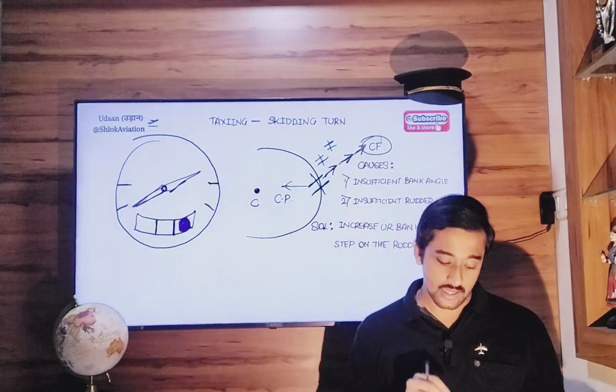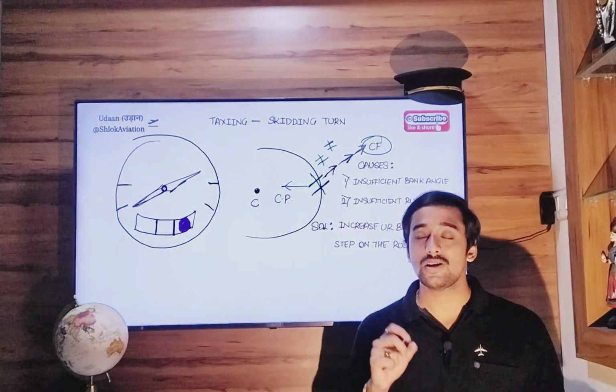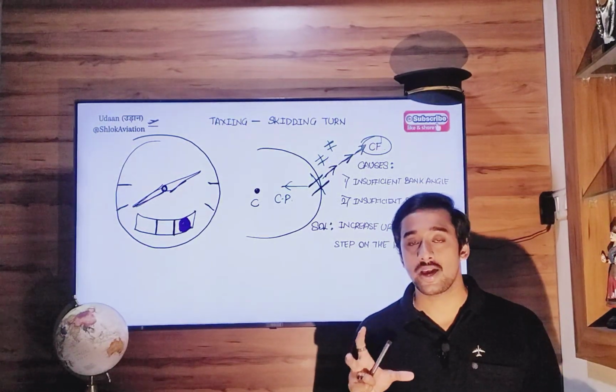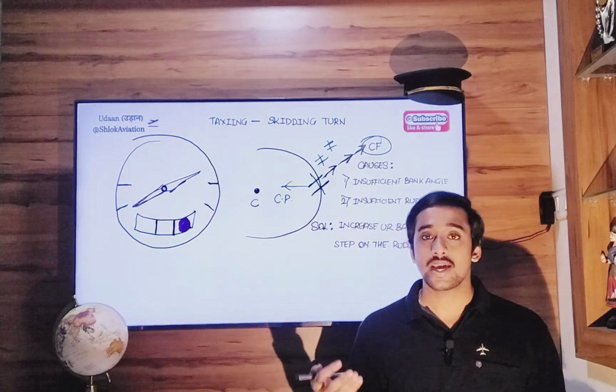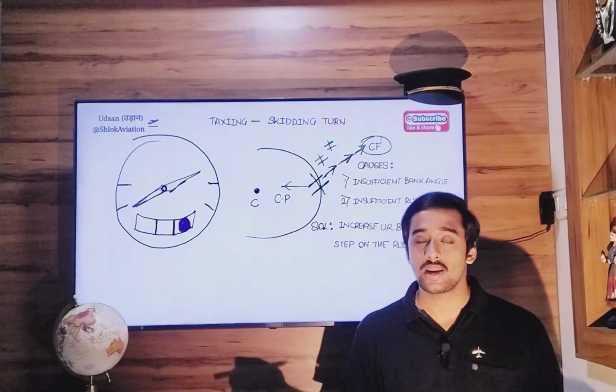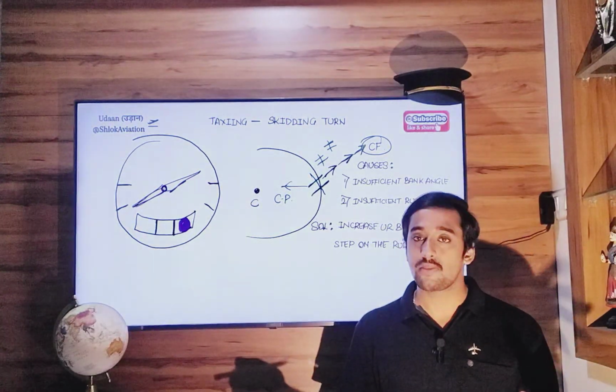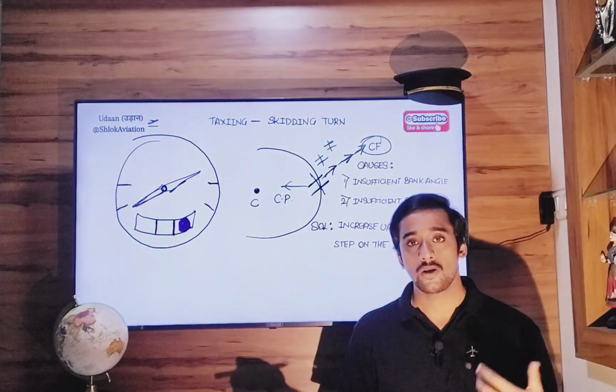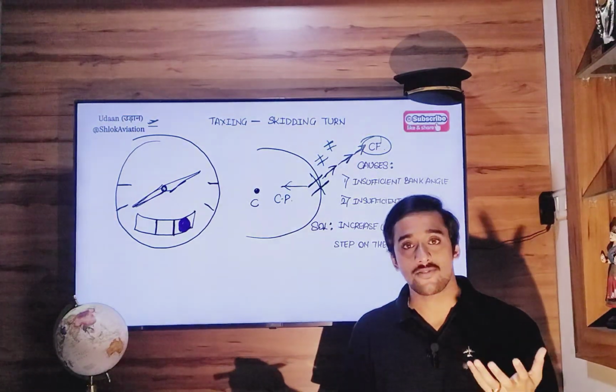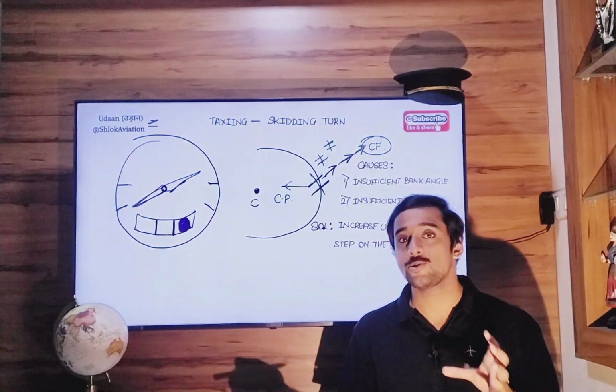But the turn and slip indicator does not know the difference between your aircraft turning on the ground or making a turn in the air. So it will only tell you about slipping, skidding, coordinated flight. Since it does not know that aircraft is on the ground, it will not give you the right indication.